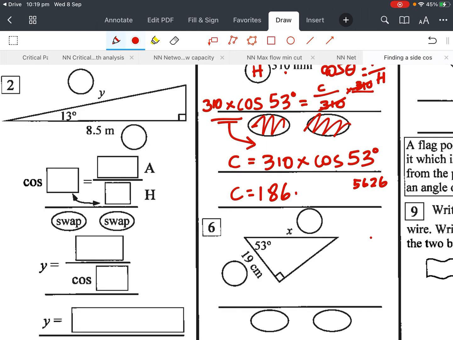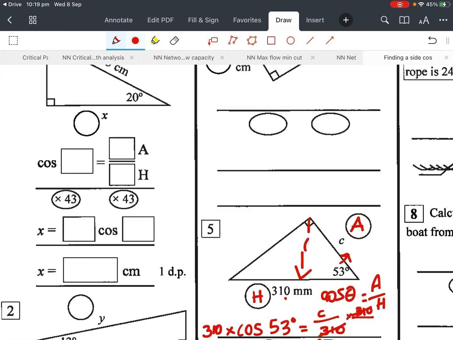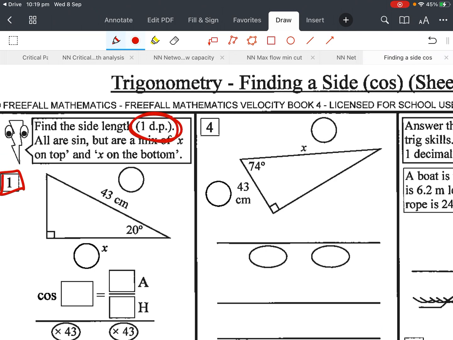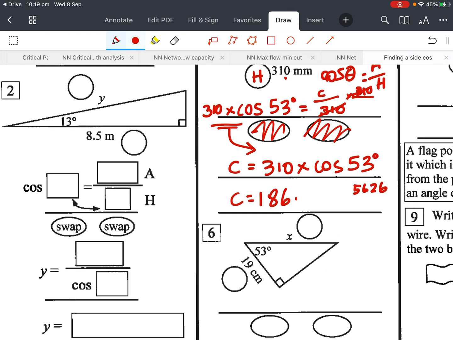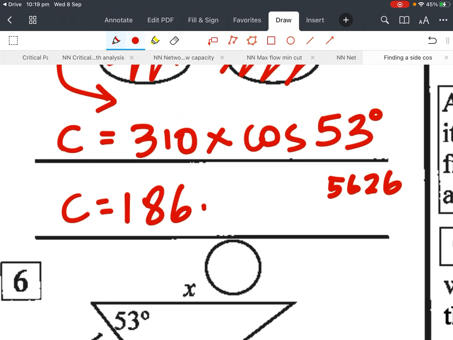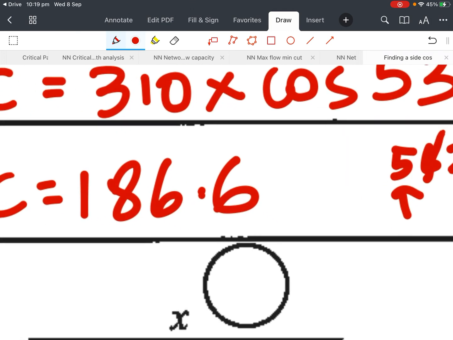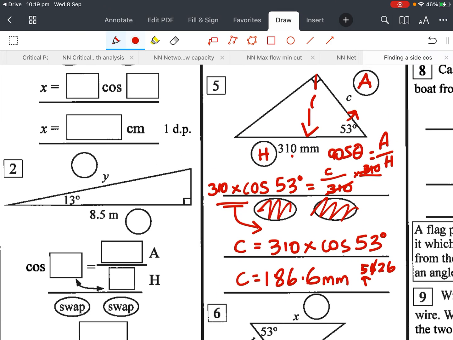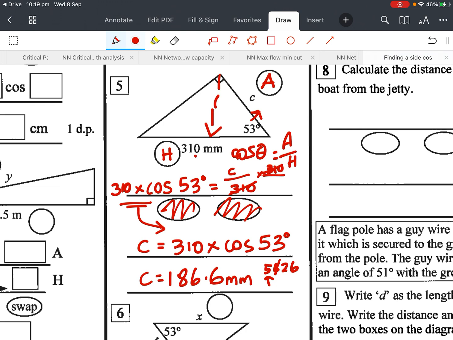Now I'm assuming it wants it to 1 decimal point. Does it say that up here? Yep, see there it says 1 decimal point. So let's do all the answers to 1 decimal point. So 56. Cross off the 6 but use it to round up the 5. What does it become? It becomes a 6. And my units were in millimeters, so my answer will be in millimeters. So there's my answer for the first one.